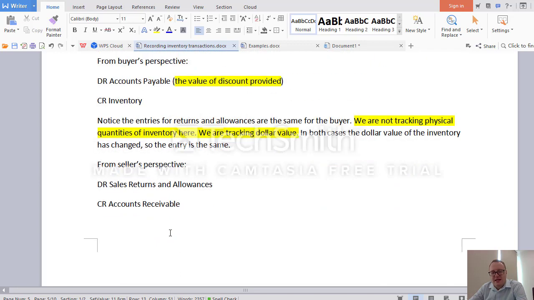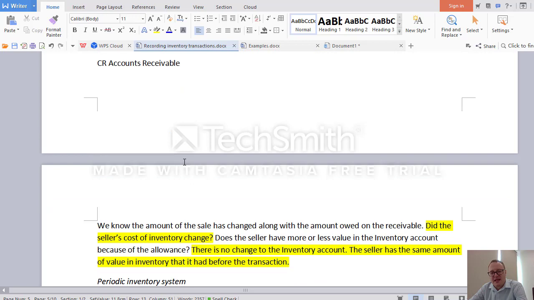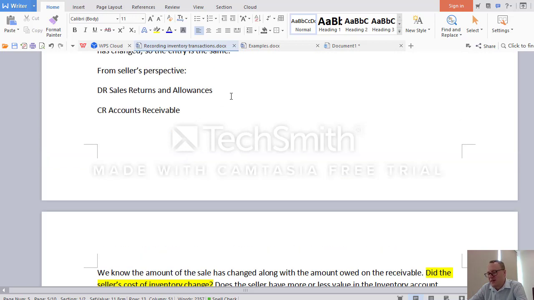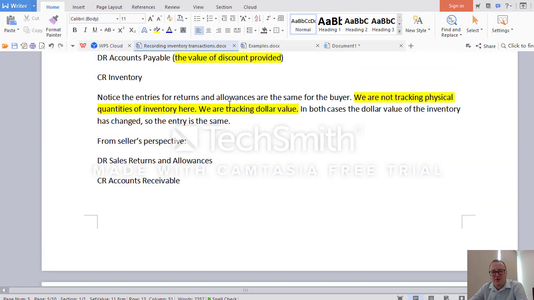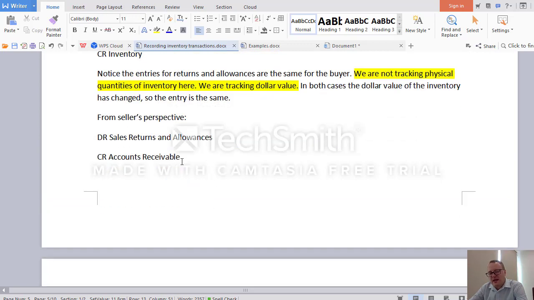From the seller's perspective, it would be debit sales returns and allowances, and a reduction in accounts receivable. But again, only the value of the deduction and allowance. Previously he debited accounts receivable, expecting to get money for his inventories. Now inventories are not returned to him, but he has given a deduction and allowance to the buyer, and therefore the buyer will not pay the full amount but only a smaller amount.